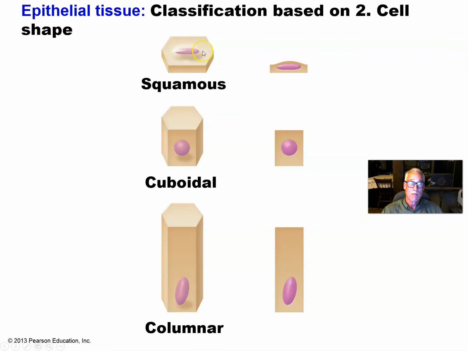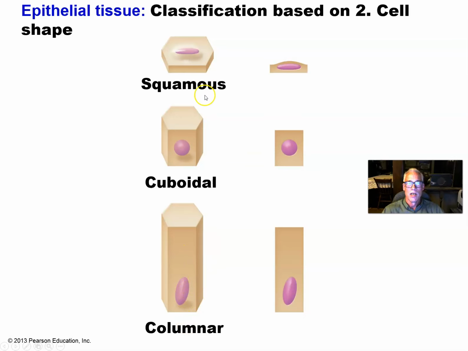The cells that make up the epithelium contribute to the naming and classification. The ultra-thin cells, thin flat cells, are called squames or squamous cells. Chunkier cells that essentially are like a cube are called cuboidal cells, and tall rectangular epithelial cells are called columnar cells.